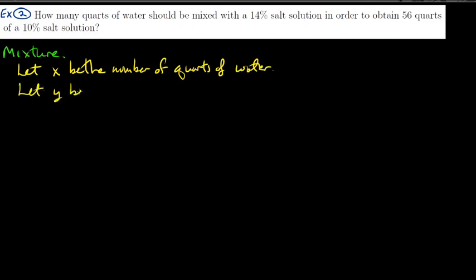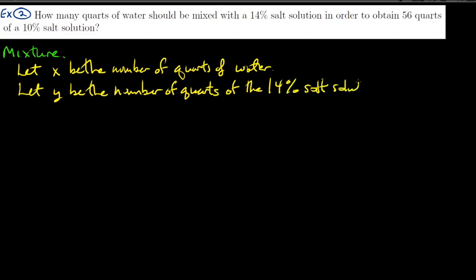So let y be the, again, the amount, or specifically the number of quarts, the volume of this solution, of the 14% salt solution. Okay, so we mix those together. These are mixed together, and what you should get is 56 quarts.